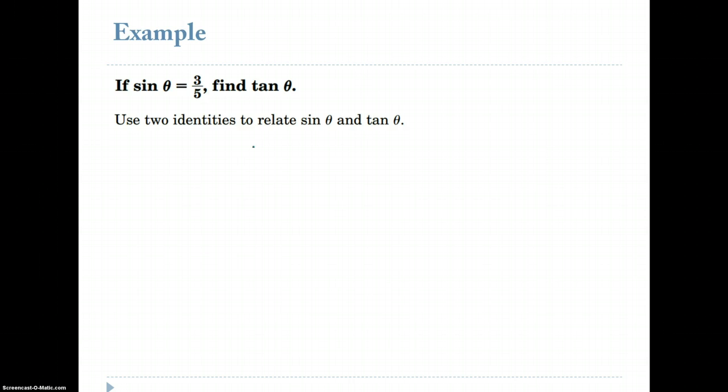So now I can use these Pythagorean identities again to help me find other values that I might not know. So here's an example. I've got sine theta equals 3/5 and I'm being asked to find the tangent. So right away I've got the Pythagorean identity, which is going to give me sine squared theta plus cosine squared theta equals 1. Since I know the sine, I can go ahead and plug that in over here and make a substitution.